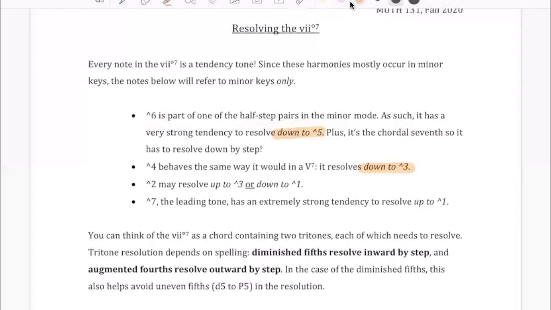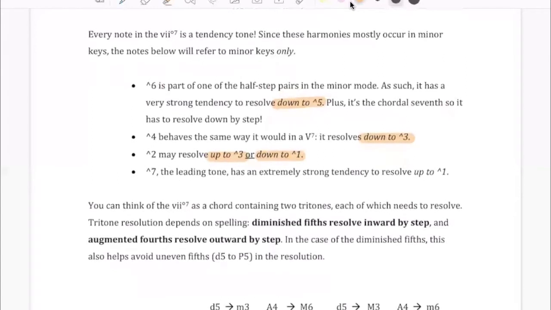Now, let's talk about scale degree 2 because this is the challenge of the vii°7. Scale degree 2 can go in either direction. It can go up to scale degree 3 or down to scale degree 1. The thing that is going to determine which of those paths it takes is the voicing of the harmony. And we'll see that later on down the page. There are particular voicings that necessitate certain resolution patterns. Last but not least, this is the easiest one.